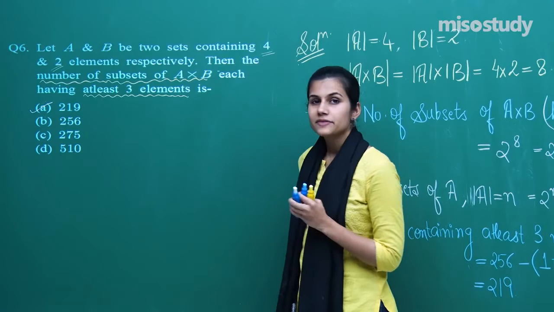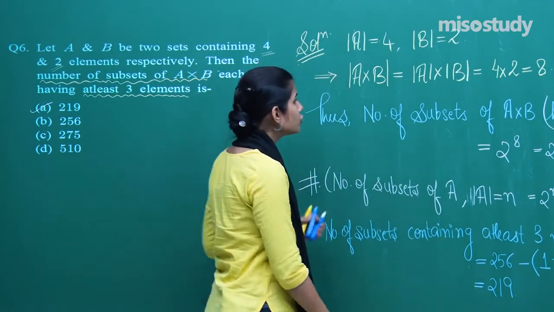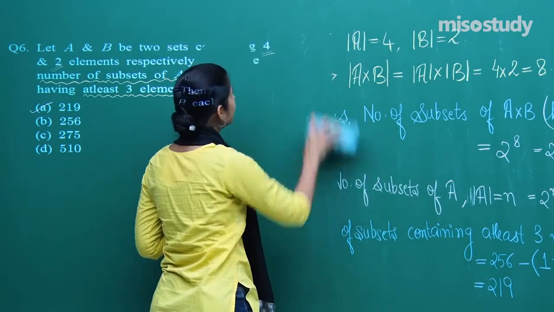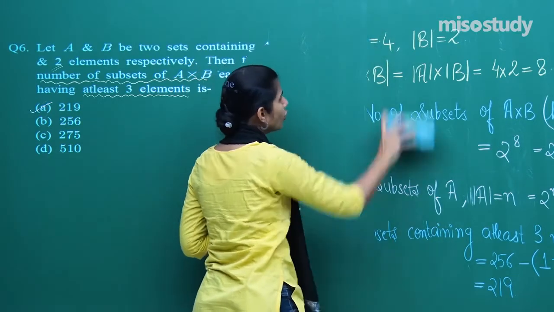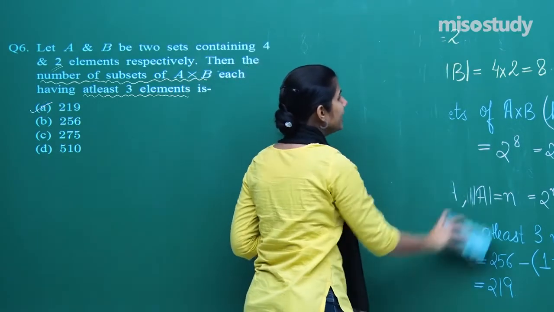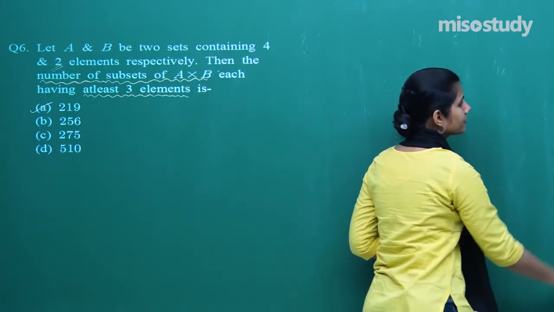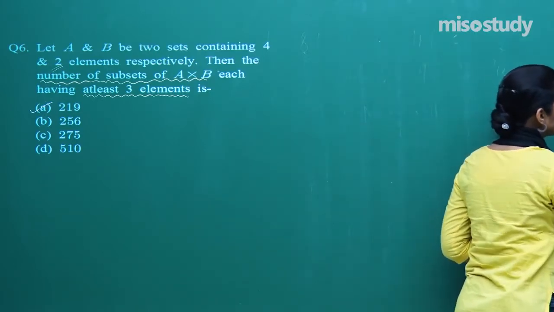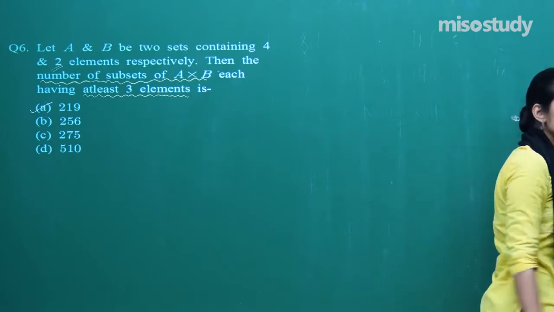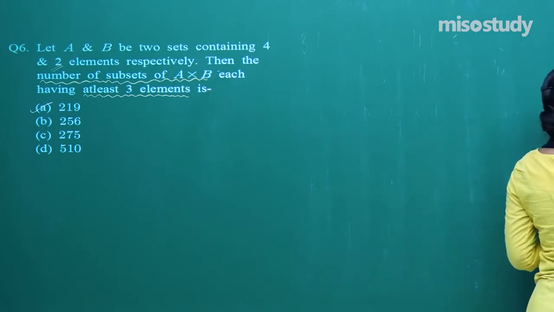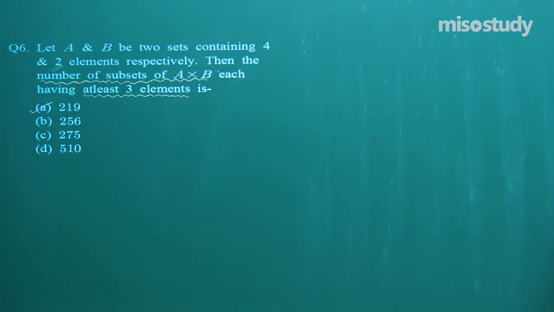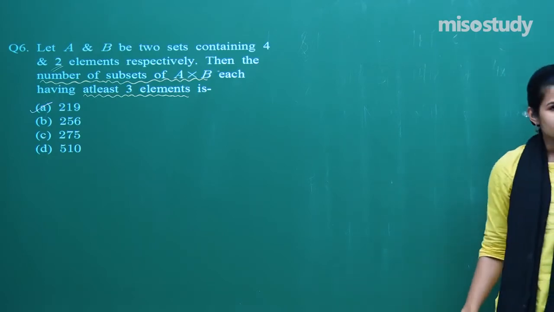And that is what we have successfully found, that out of 256, 219 are the only subsets of A cross B having at least 3 members. I hope you guys must have understood the concept of combinations that I have used to find out how many subsets of A cross B will exist consisting of 0 members, 1 member, or 2 members.